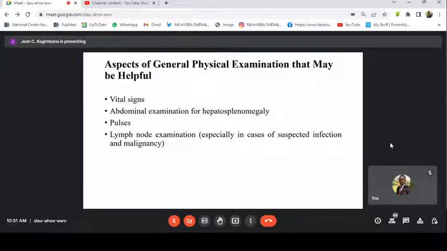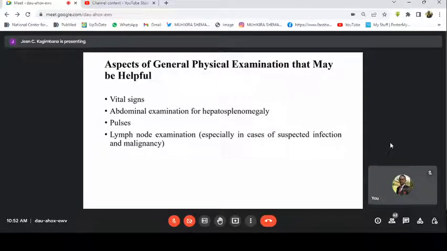Of course, apart from the skin regions that characterize the patients, you may have to go to vital signs, abdominal examinations, because some people may present hepatosplenomegaly in some skin conditions, and jaundice, for example, the pulse, okay? Lymph node examination, when a patient presents eczematous lesions, then a chronic itching.